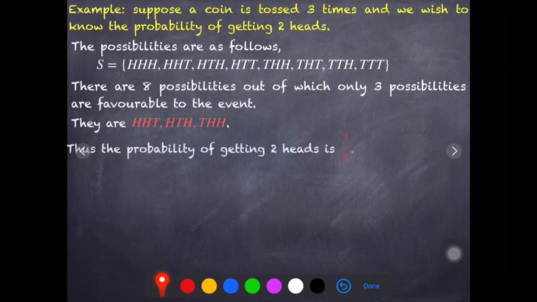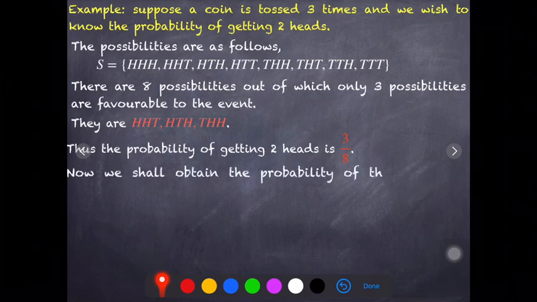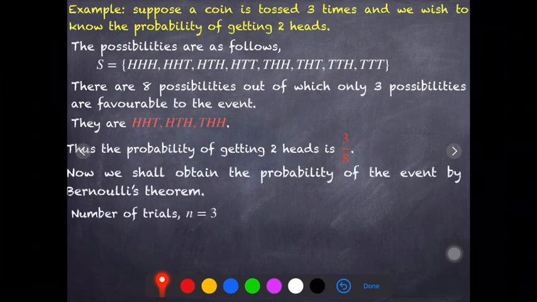Now therefore the probability of getting 2 heads is 3 by 8, meaning the total number of possible outcomes is in the denominator and the numerator is the number of favorable events, that is 3 by 8. Now the same example we will discuss using the Bernoulli theorem. Clearly the number of trials n is equal to 3, that is tossing a coin 3 times.